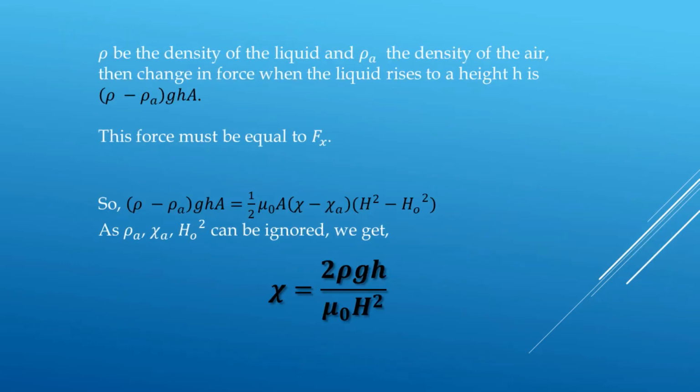Now if the solution has the density rho, and we are taking the density of the air as rho a, then the change in force in the liquid as the liquid rises a height of small h would be rho minus rho a into g h into capital A, where capital A is the cross section area, right?